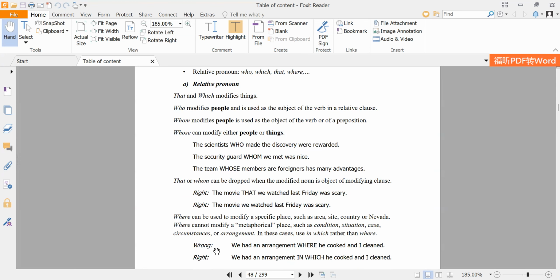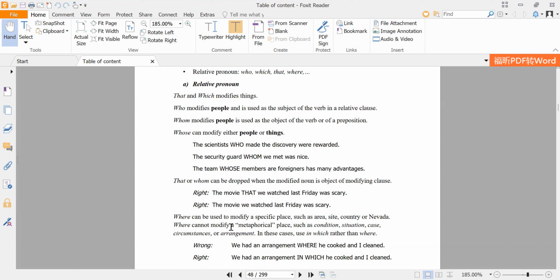Another thing, especially on the GMAT, that you want to remember is using where versus in which. Where is only used for referring to specific or physical places, like an area, a house, a building, a country, an apartment, a park.